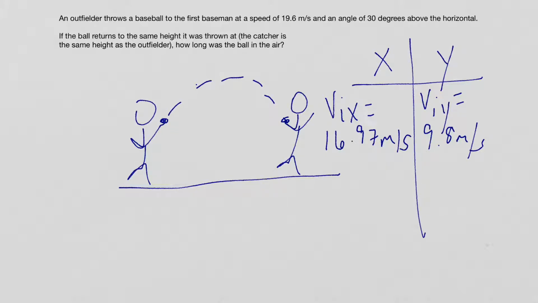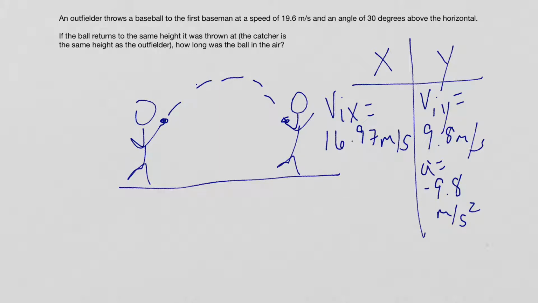But let's go through and write down our knowns and unknowns. We know the initial velocity. It's not 0 this time, so pay attention to that. The acceleration in the y direction is still a negative 9.8 meters per second squared. We don't know the distance. We just know that it's the same distance. And we don't know the time. That's what we're looking for.